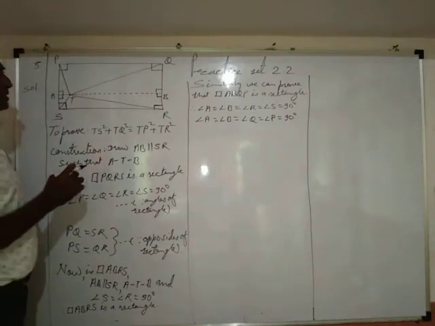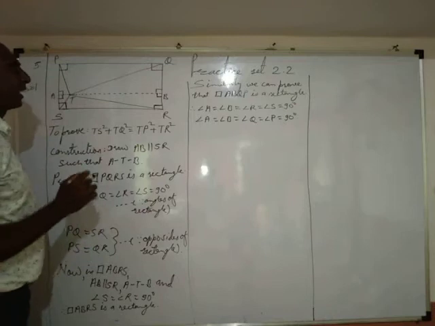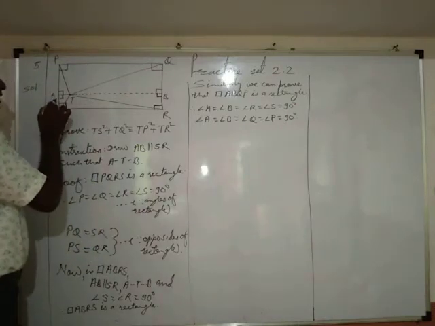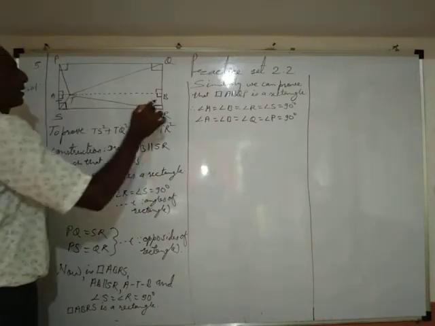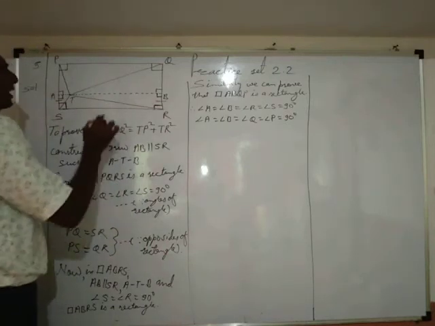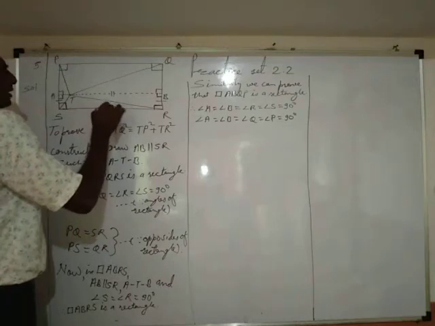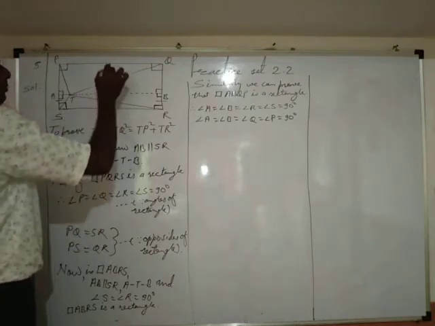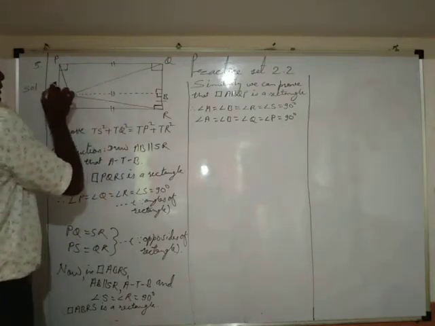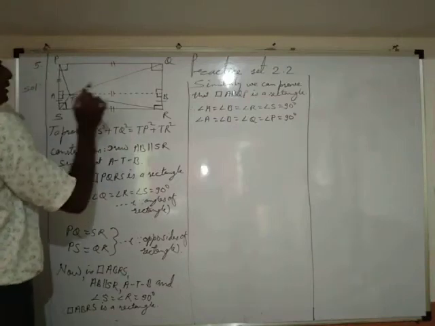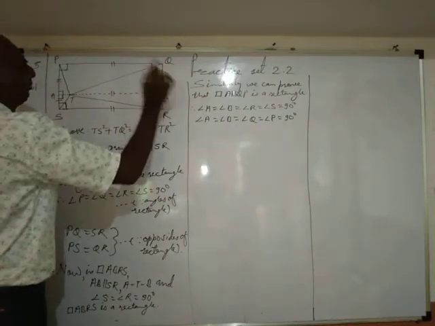And opposite sides of a rectangle are equal, means we can prove AS equals BR, AB equals SR, AB equals PQ, AP equals BQ.